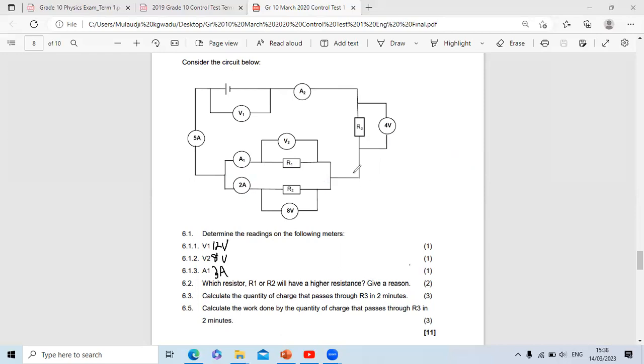What you should know is that current is equal to the rate of change in charge, which means current is equal to the charge, which we state as Q, divided by the time. That's another equation for current other than the one we get from Ohm's law.